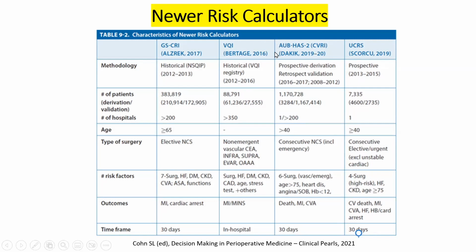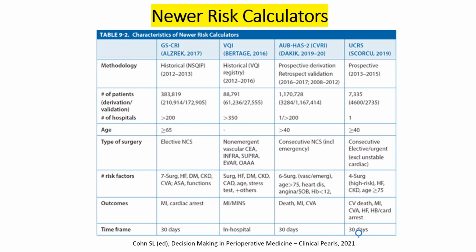The one that I think has the most promise is the AUB-HAS2 calculator from the American University of Beirut. And this was mentioned, as I said before, in the 2022 ESC guidelines. It's a large prospective study. It's been validated retrospectively a number of times, but not externally yet.